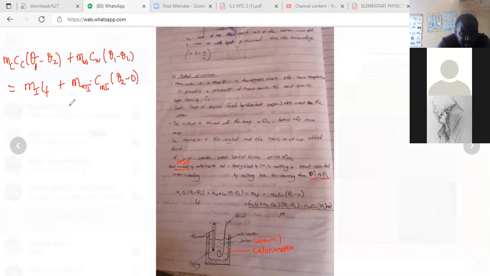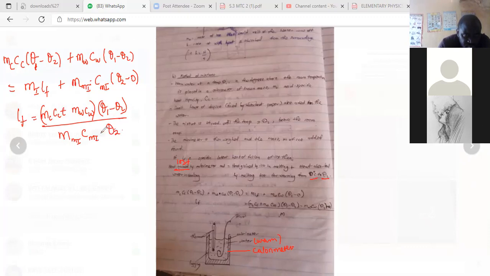With this equation, you can make latent heat of fusion the subject by saying LF is mc cc plus mass of the water, specific heat capacity of the water, times the temperature change θ1 minus θ2, minus mass of the melted ice, specific heat capacity of the melted ice times θ2.